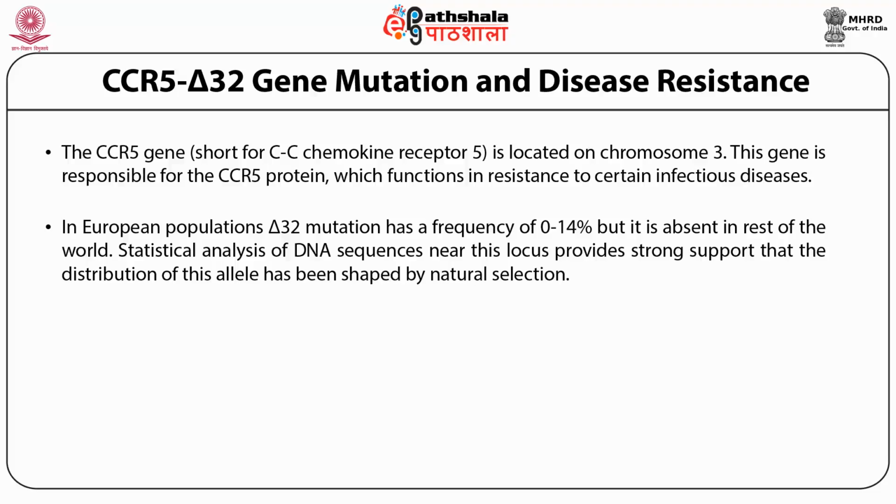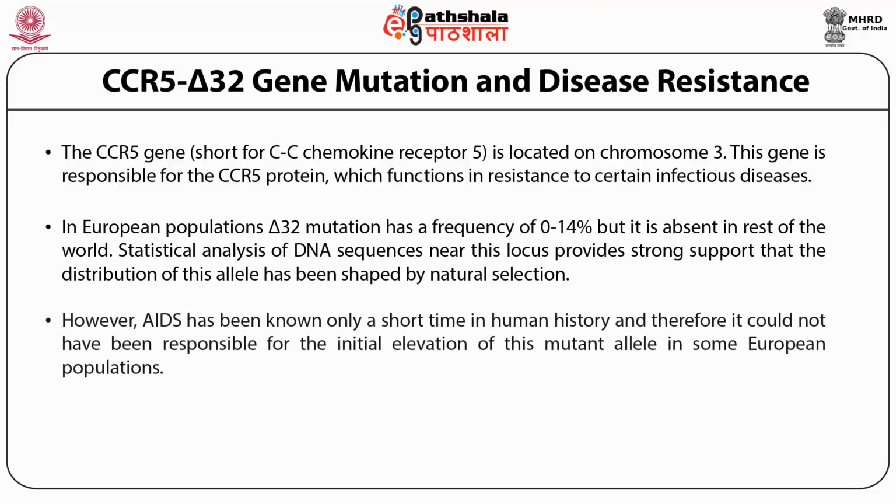Heterozygotes with one CCR5 Delta 32 allele show partial resistance to HIV, and homozygotes show almost complete resistance to AIDS. However, AIDS has been known only for a short time in human history, and therefore it could not have been responsible for the initial elevation of this mutant allele in some of the European populations.